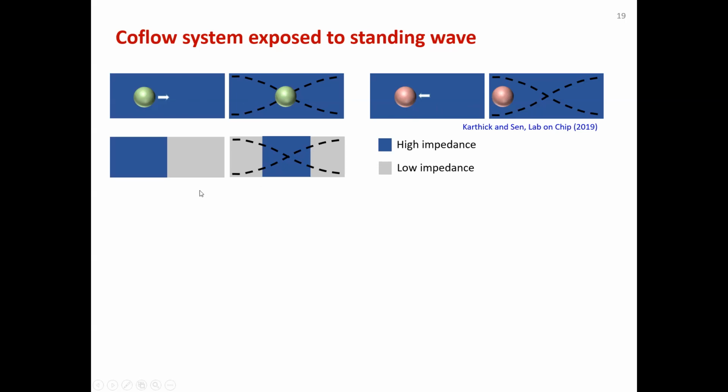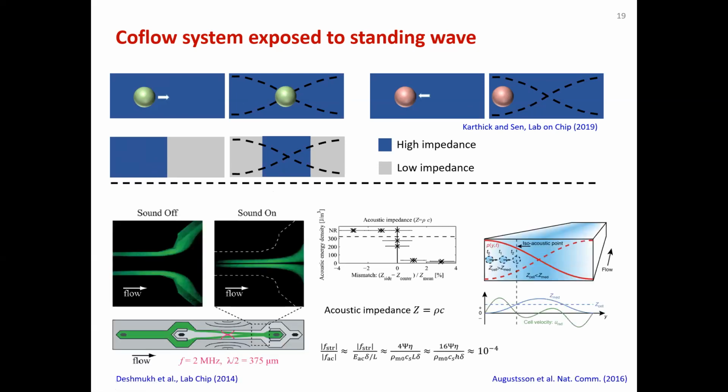So the question was, instead of particles, if you have two fluid streams and one has high impedance, how does it work? It has been shown that, similar to particles, the fluid stream that has higher acoustic impedance in fact relocates to the center. And this happens even when they have a very small impedance difference, as small as 1%. So this was known already.